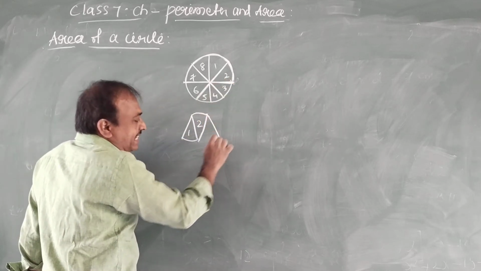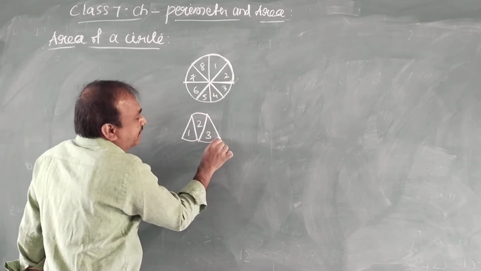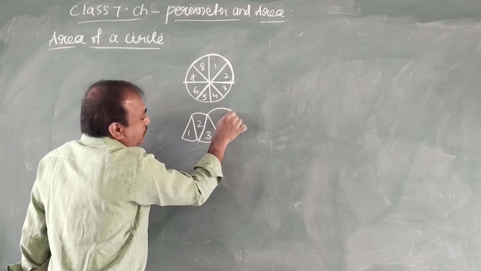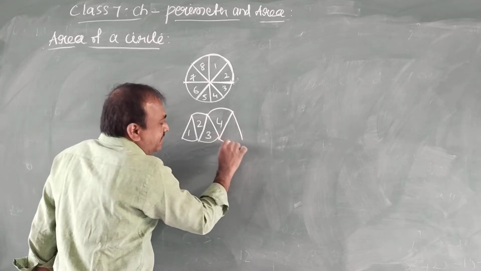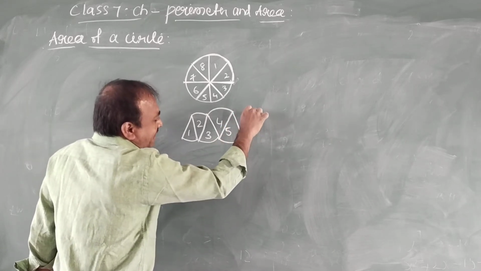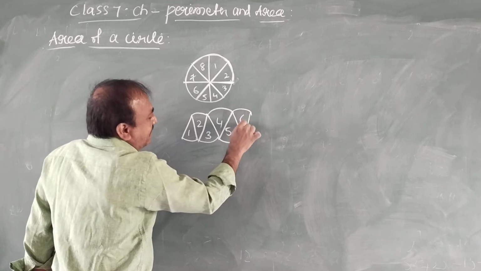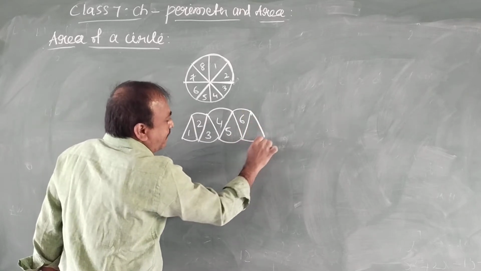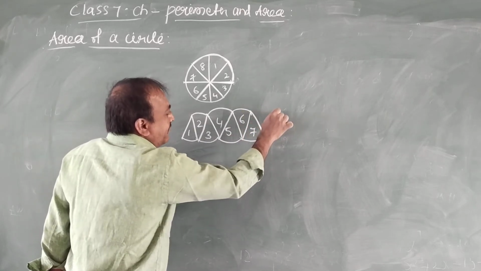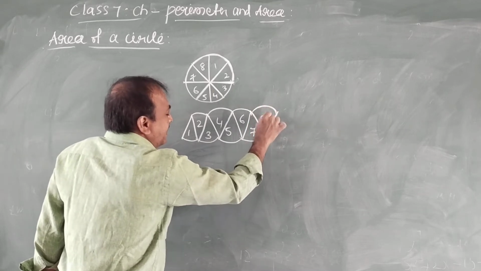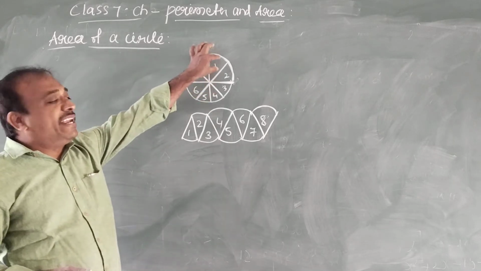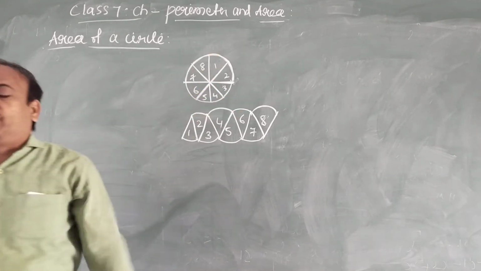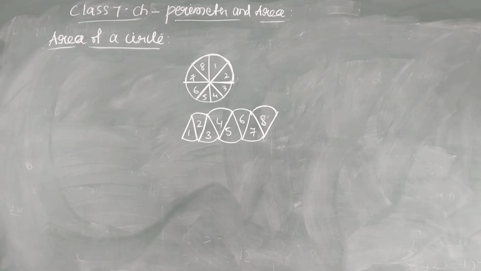Then the fourth sector, the fifth sector, then the 6th, the 7th sector, and the leftover is the 8th sector. Like this, 8 sectors. I just cut each sector and paste it in this shape. Observe it.